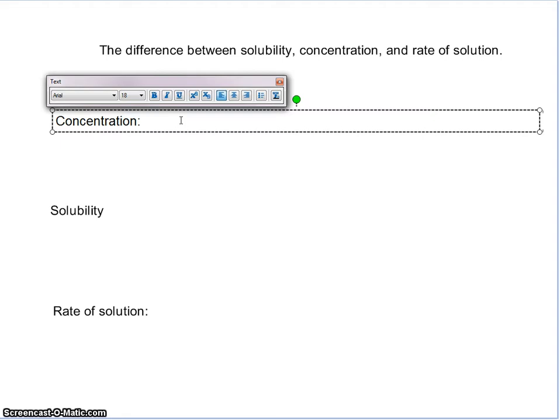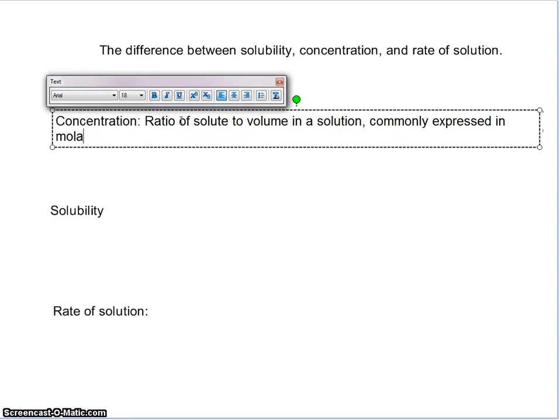So concentration is the ratio of solute to volume in a solution, commonly expressed in molarity, which is moles per liter.